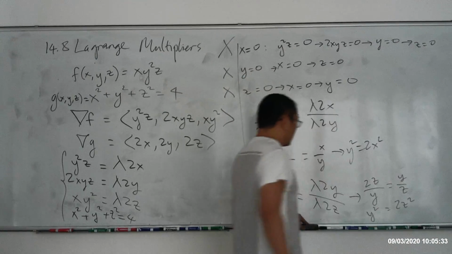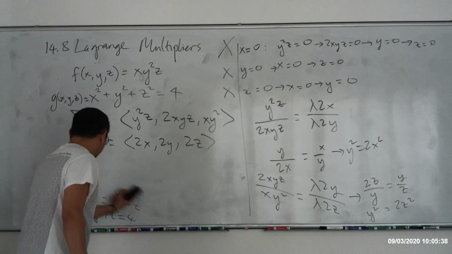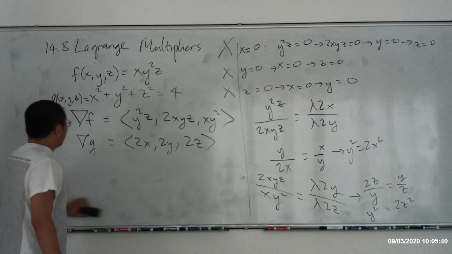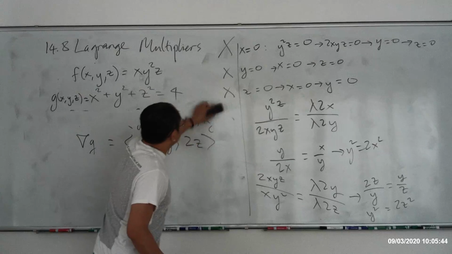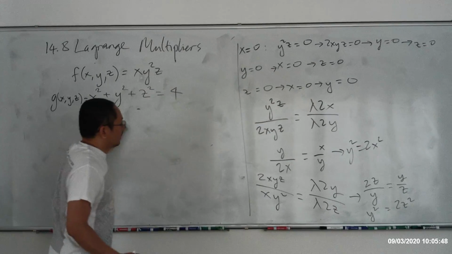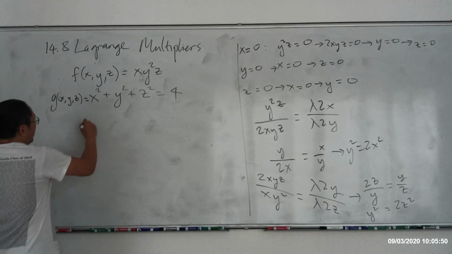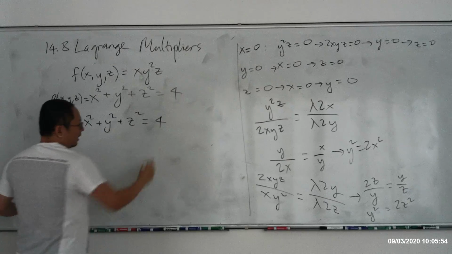And I'm glad that that's good enough for me to solve because I have the fourth equation, x squared plus y squared equal to 4. So let me rewrite it up here. I just need some room to write, guys, so let's erase something. I got x squared plus y squared plus z squared equal to 4, right?